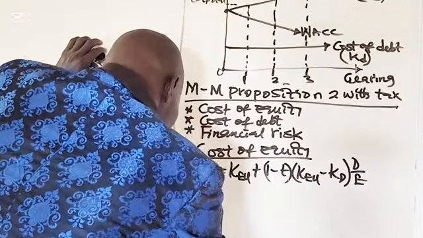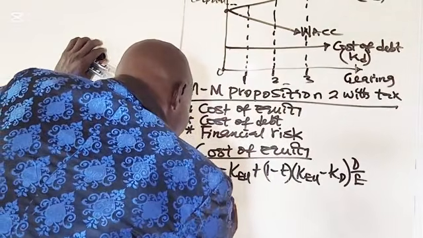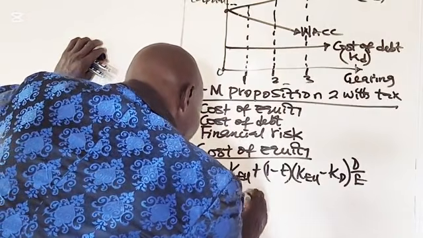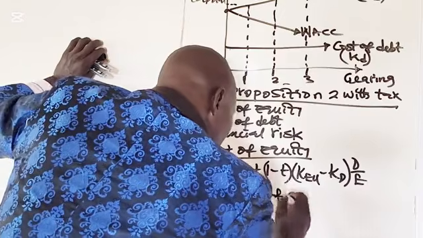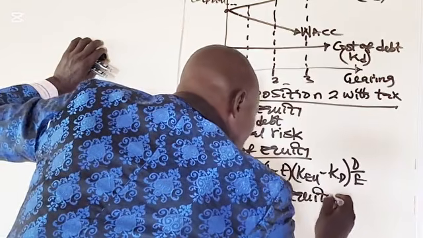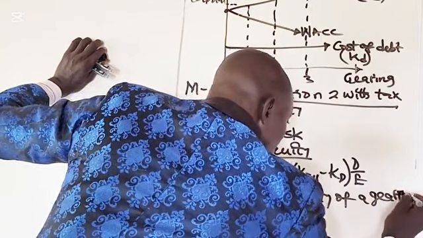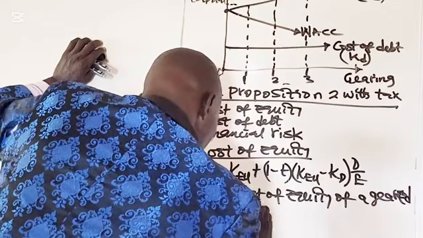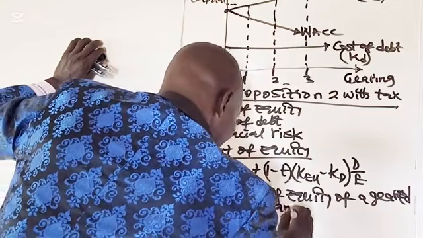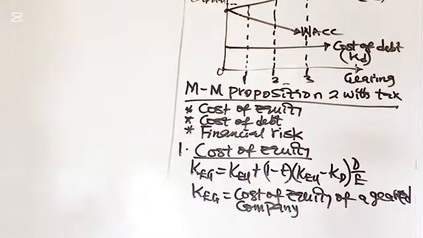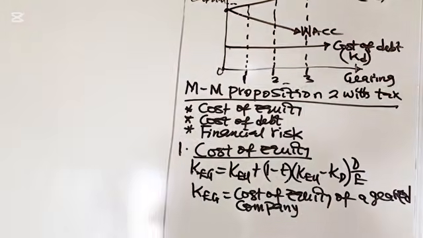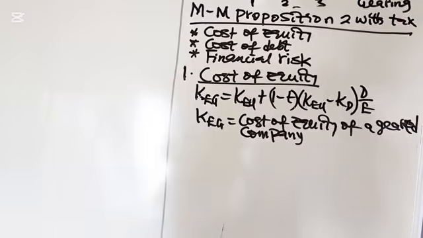So this Keg is cost of equity of a geared company.